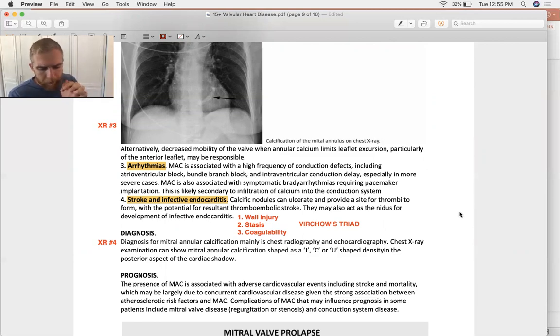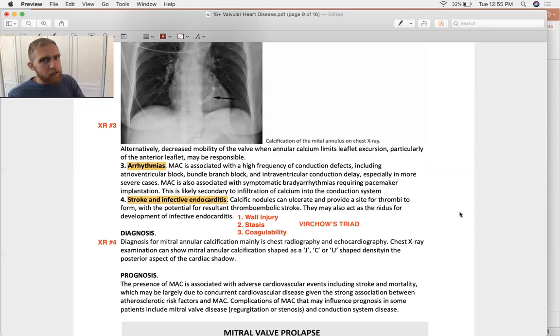So that's a volume overload. And when you have too much blood volume in a confined space, well, it can't go anywhere. It's not mechanically favorable for this blood to move around and interact with itself. So it slows down. And because the flow slows down, well, we call that stasis.